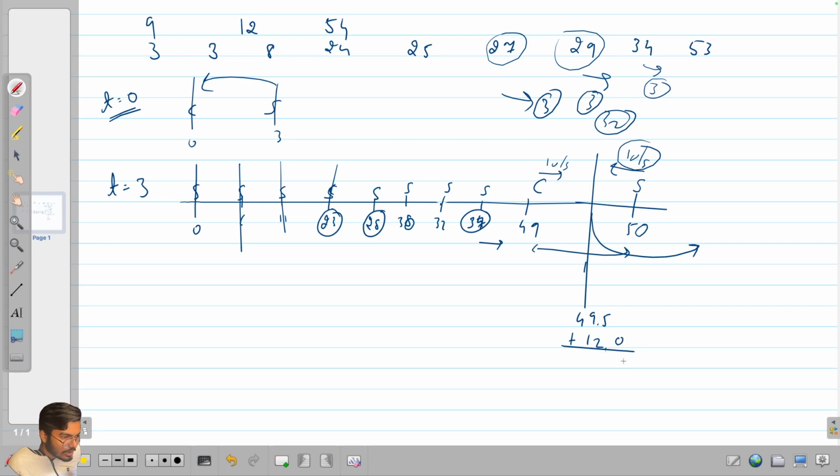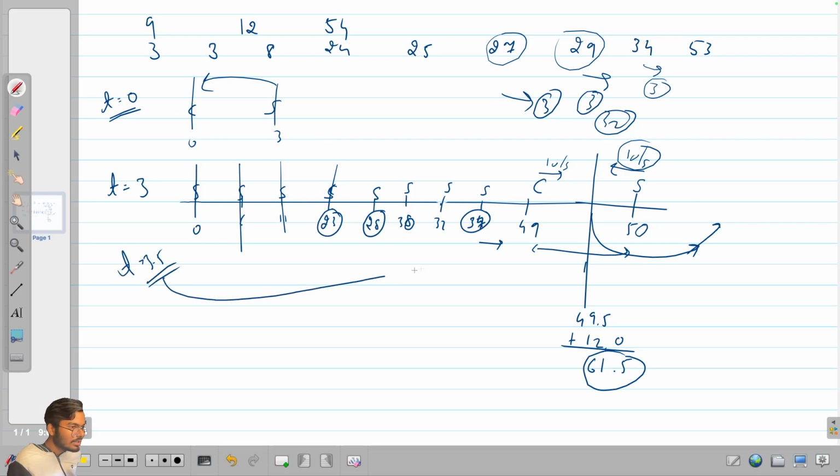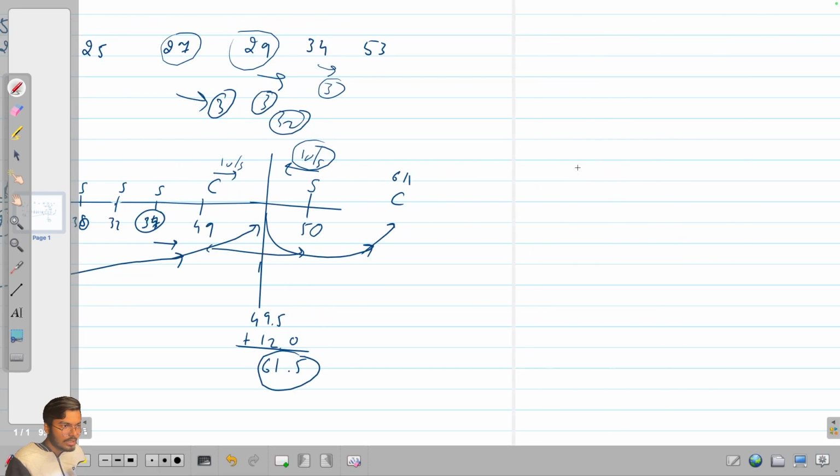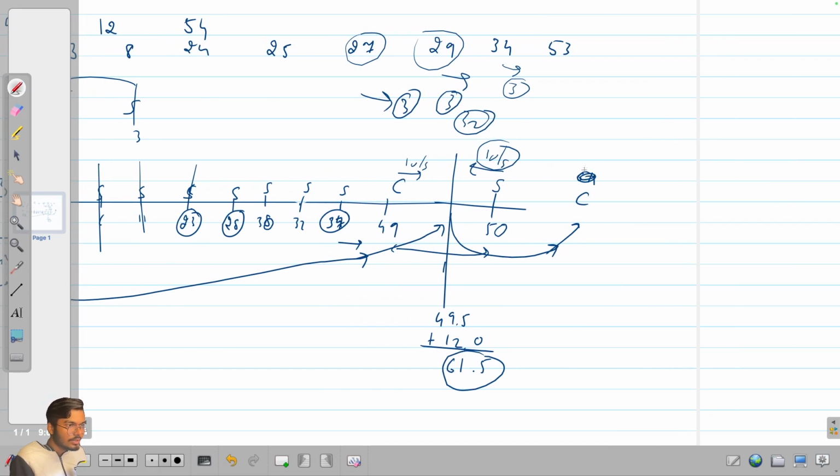So 49.5 plus 12 is 61.5. This will happen at t equals to 3.5. This meeting will happen at t equal to 3.5, and then the crow will reach 61.5. Okay, I need to scroll. Okay, sorry, 61.5, and the scarecrow will be here, it will not be here.